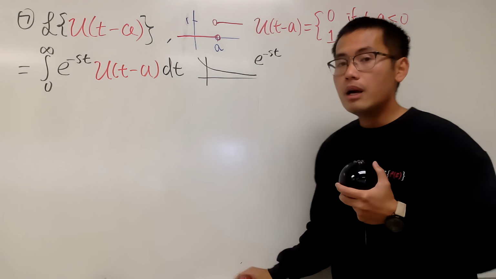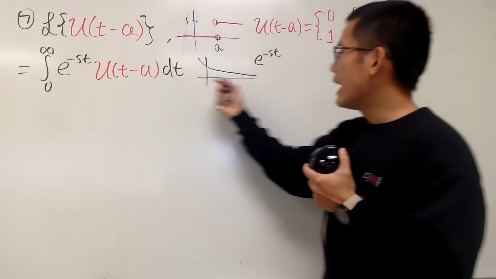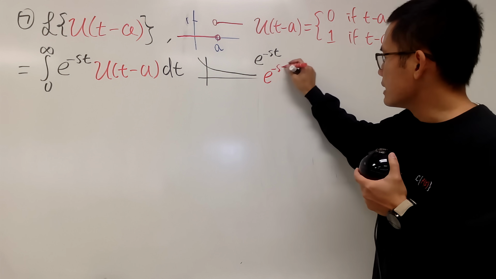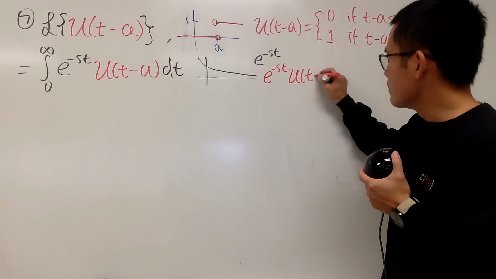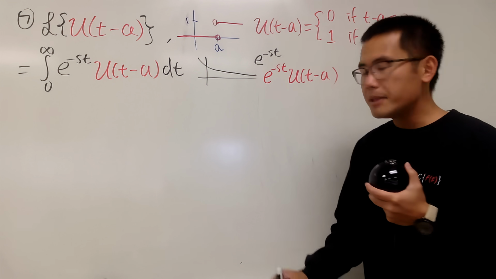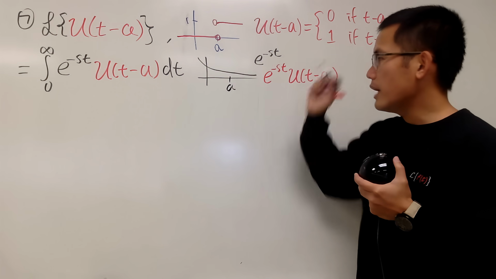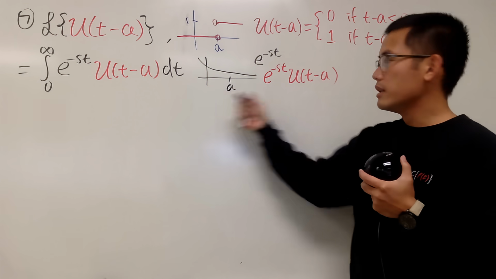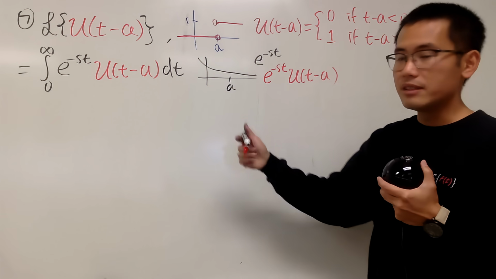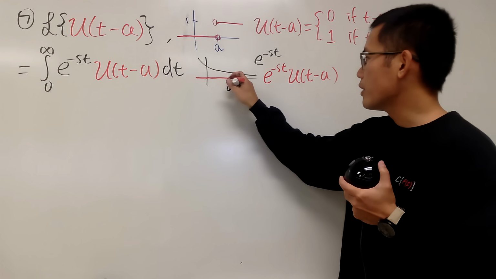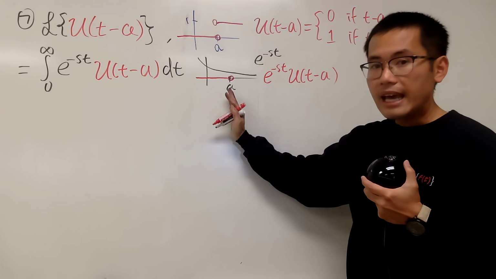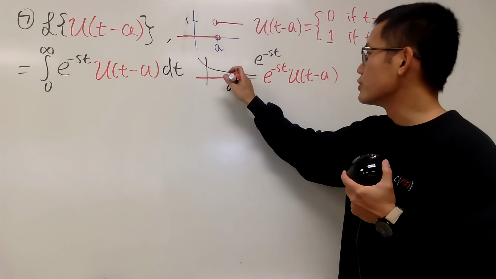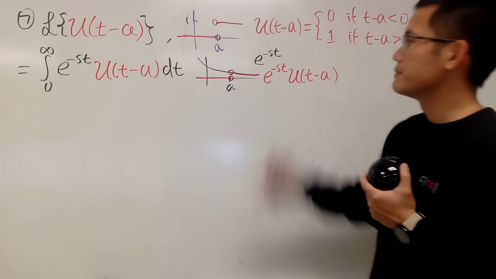But after we multiply by the unit step function, anything before a is 0, and 0 times this makes everything 0, so you get 0 with an open circle. At a, there's a jump to 1, and 1 times this is just this, so you jump to here, and then you have this.